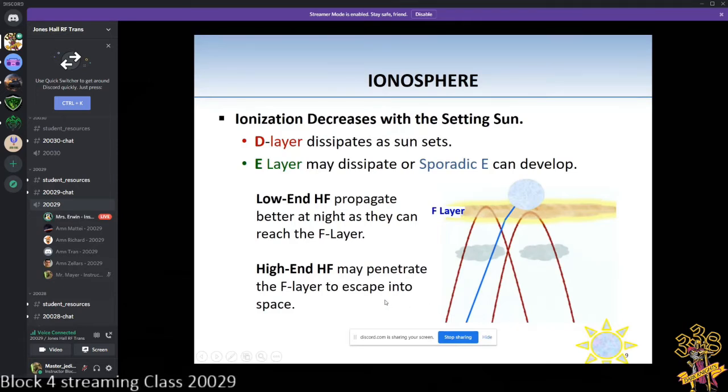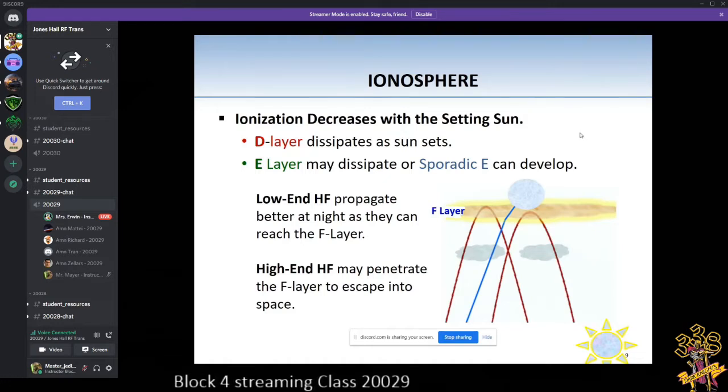The higher end of your HF, higher end frequencies with a shorter wavelength, with no D layer or E layer, when they reach that F layer and it's thinned out, they can just penetrate and keep going right out into space. So at night, the lower frequencies in the HF band tend to work better. And in the daytime, the high-end frequencies within the HF band work better.